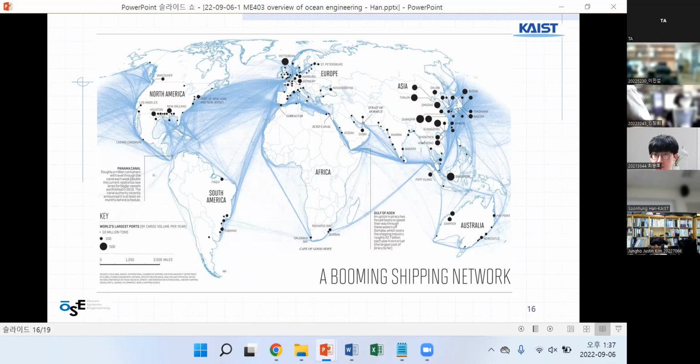But anyway, you see that the big ports in the United States are near the East Coast or the Gulf of Mexico. And you see that Singapore is here, and also Japan, and Busan port looks like one of them, and also big Chinese ports.